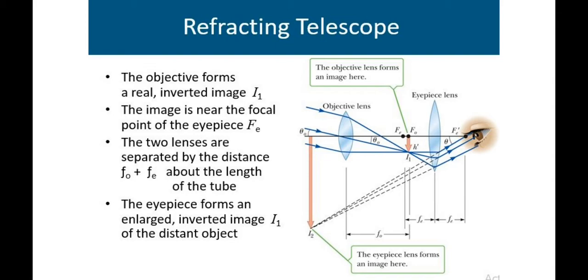With this telescope we are getting a virtual image of the object, which in this case is at infinity. The image is reversed, inverted, and you can say magnified, but you can talk about angular magnification.